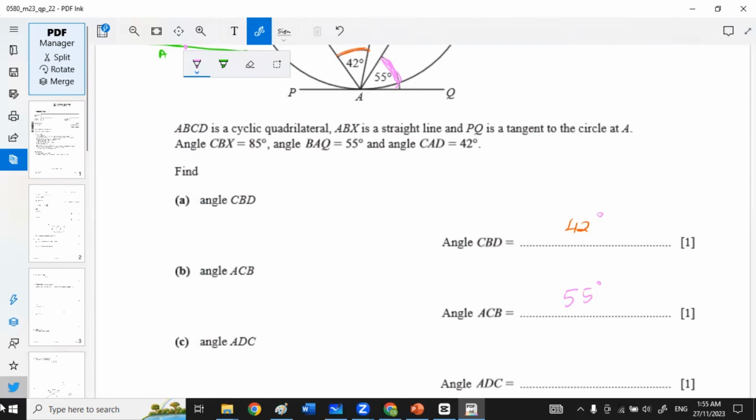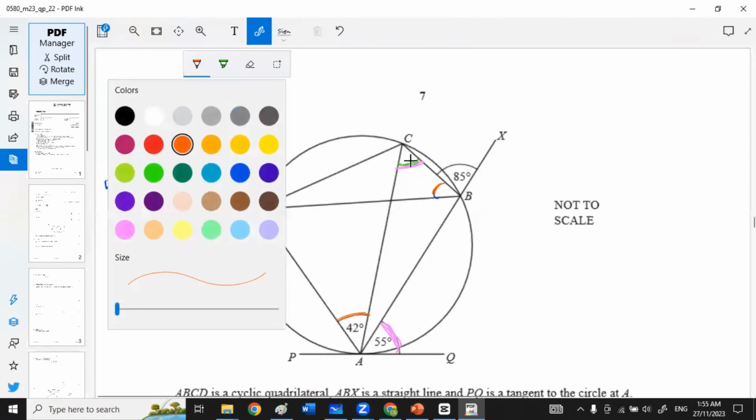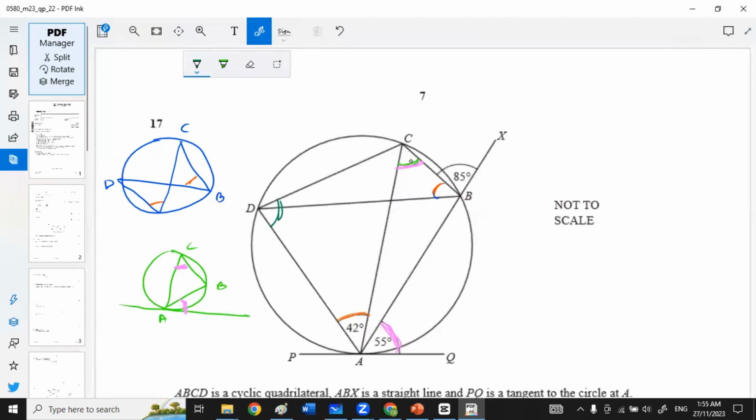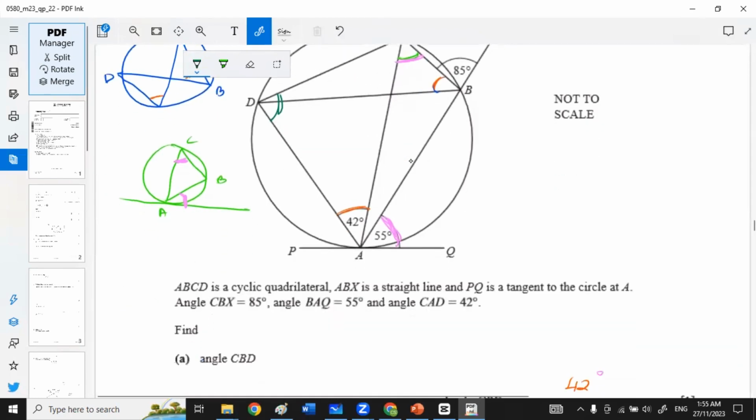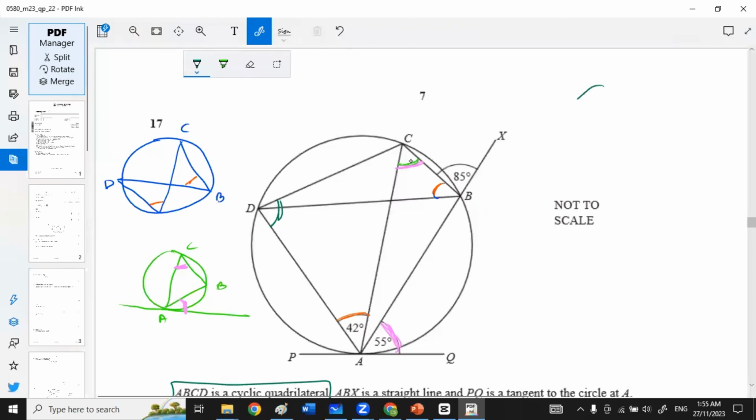Next, angle ADC. ADC is here. If you read the question, it stated ABCD is a cyclic quadrilateral. So basically, a cyclic quadrilateral is a quadrilateral inside a circle. The opposite angles add up to 180.